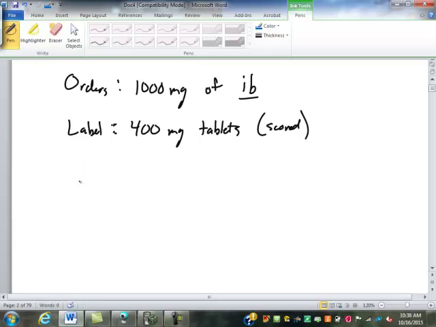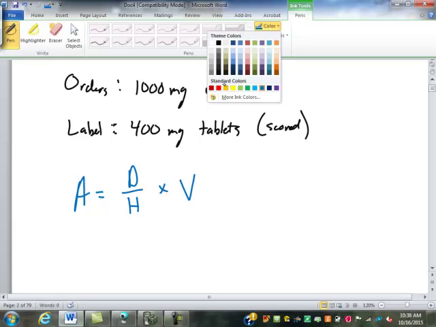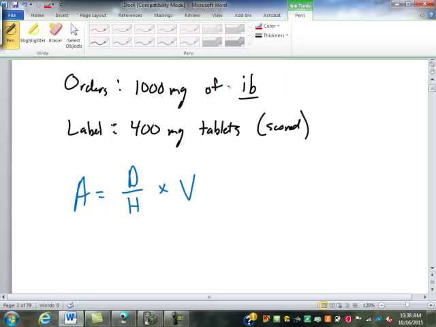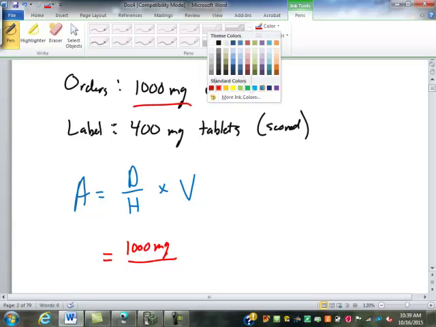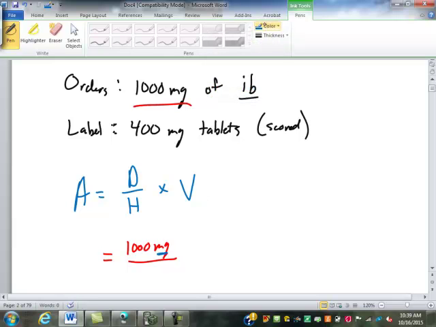So our formula, the amount to administer, was equal to the doctor's orders divided by the on-hand dose times the vehicle. The doctor's orders in this case is 1,000 milligrams. Now the on-hand dose and the vehicle are kind of confusing. The big thing we know is that the on-hand dose must have the same units as the doctor's orders.